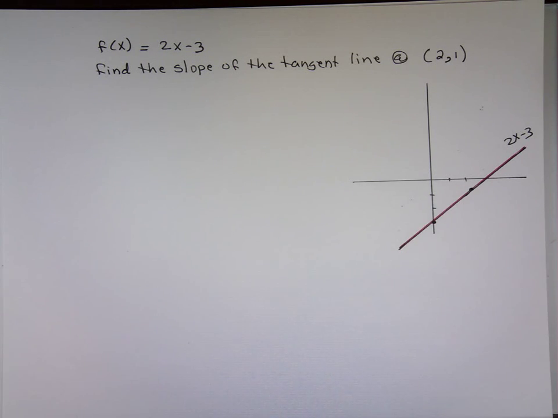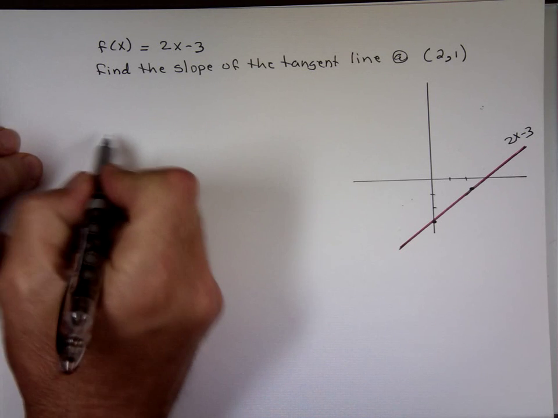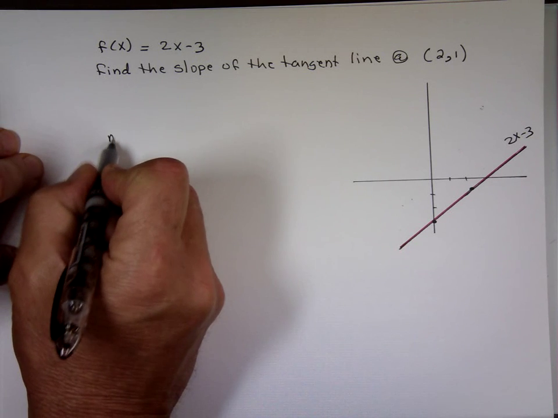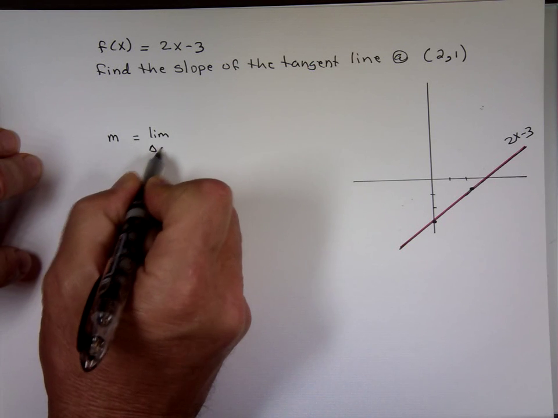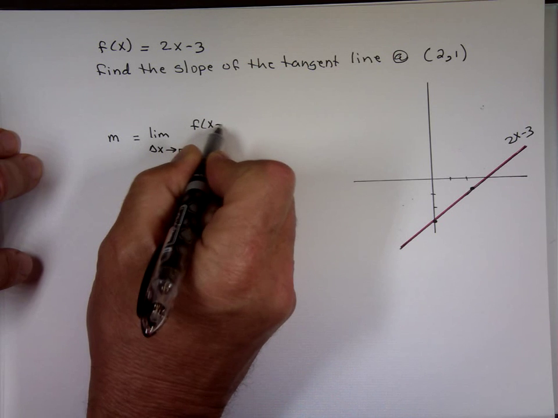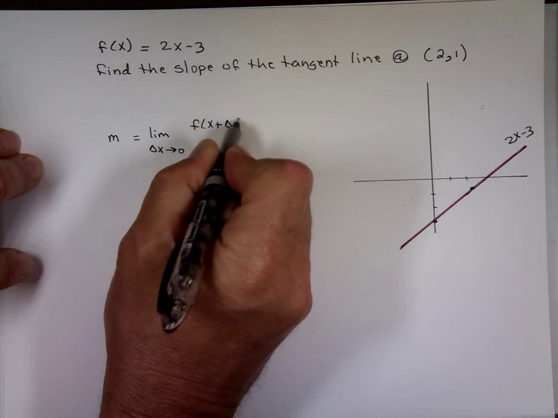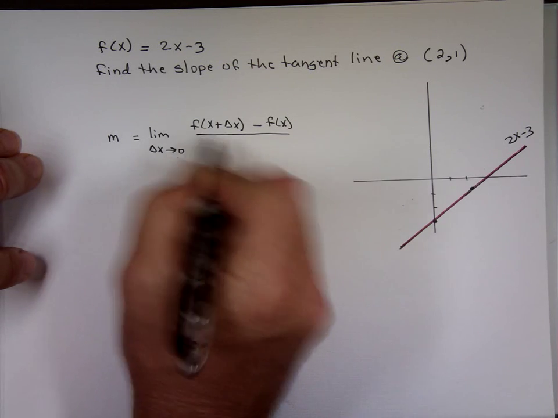It better be the same as the other line, which is 2. But the rule says if you want to find the slope at 2, you want to take the limit. M is going to be the limit as delta x approaches 0 of f of x plus delta x minus f of x divided by what? Delta x.